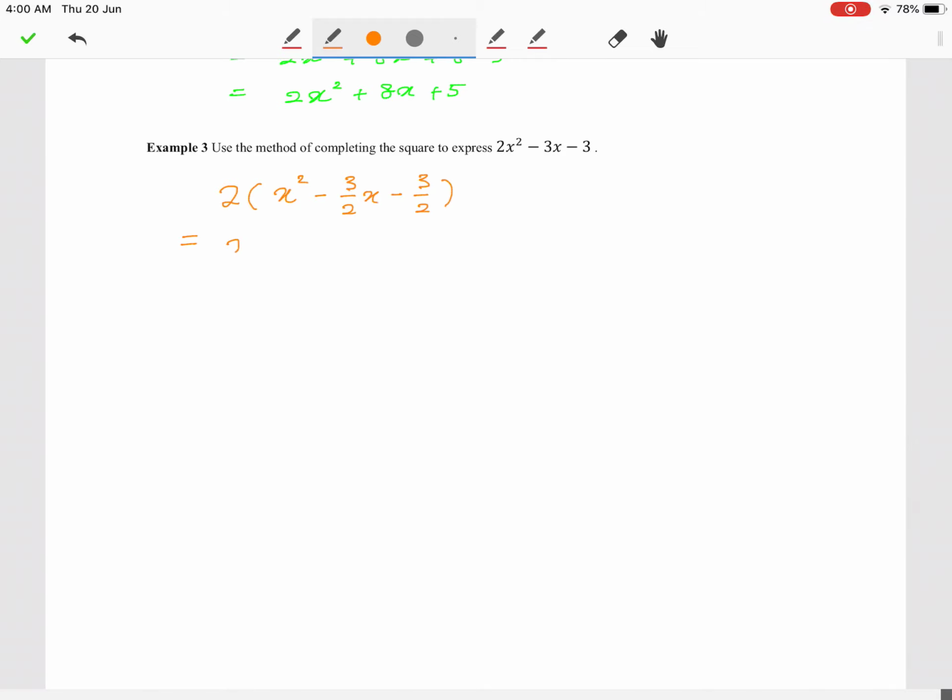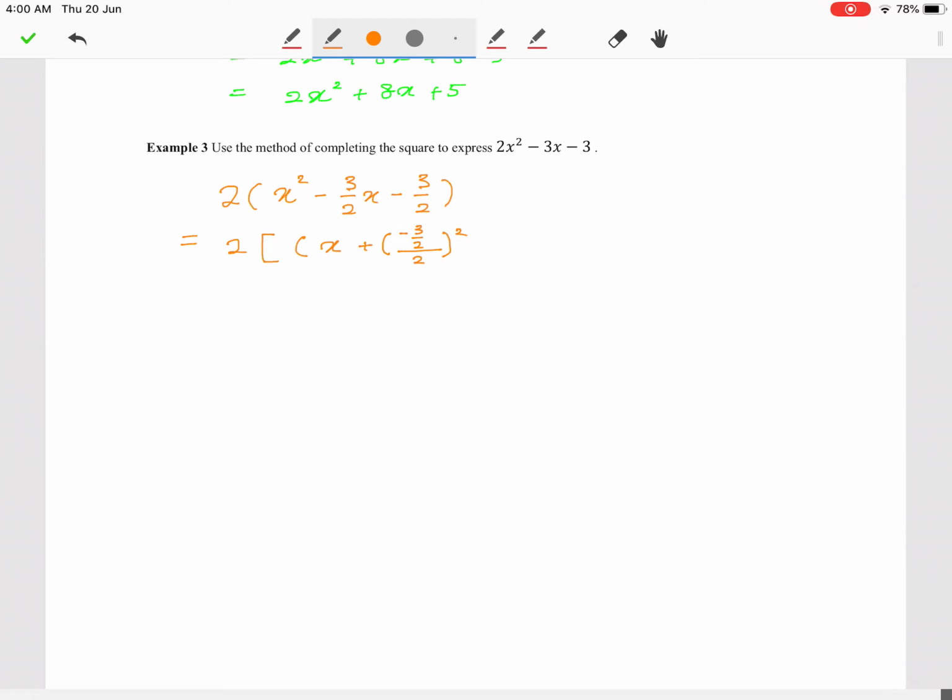Now to open the bracket, x, now plus, what is your value of b? Your value of b is negative 3 over 2 divided by 2, squared.